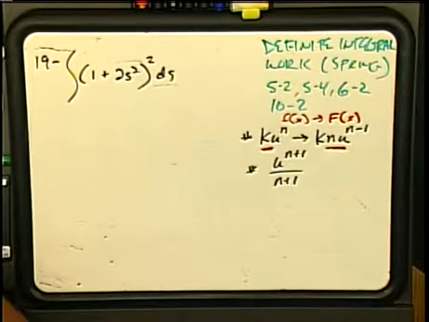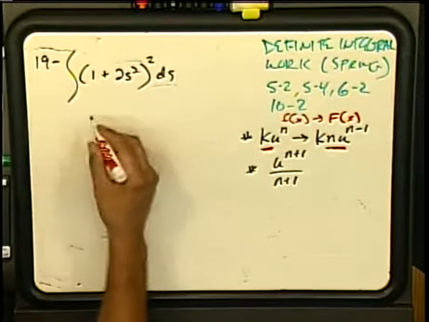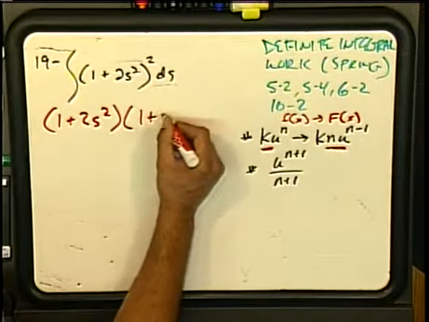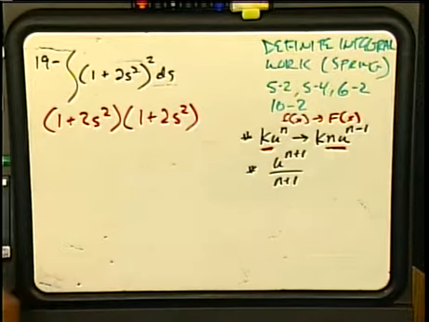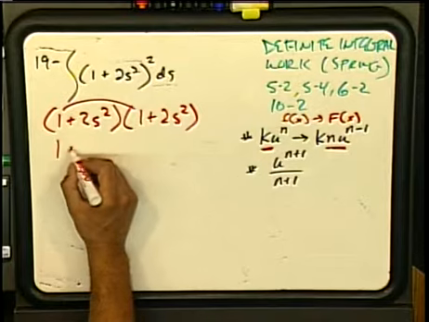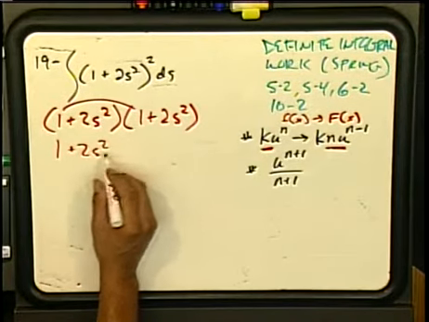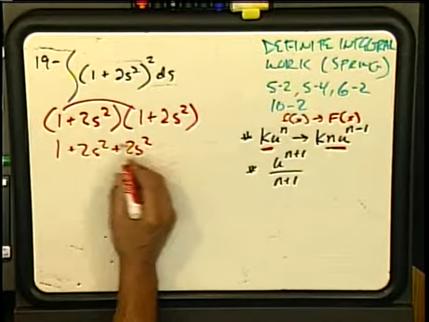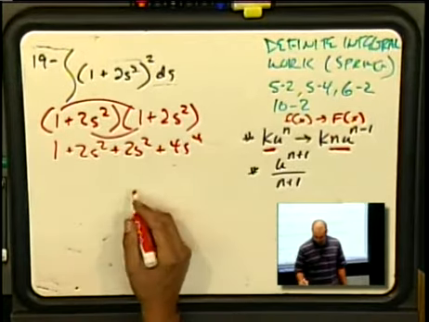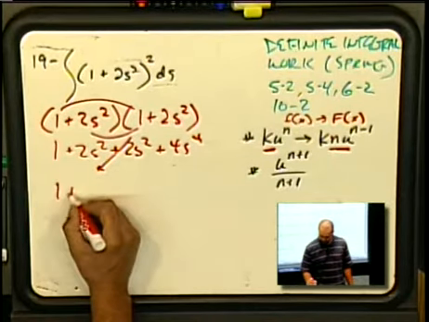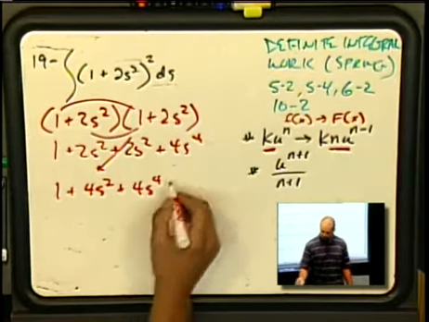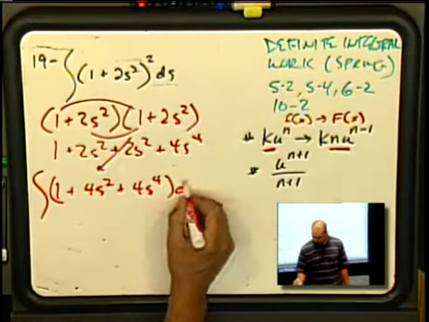I'm going to start off by foiling or simplifying (1 plus 2s squared) times (1 plus 2s squared): 1 plus 2s squared plus 2s squared plus 4s to the 4th, which is 1 plus 4s squared plus 4s to the 4th, ds.